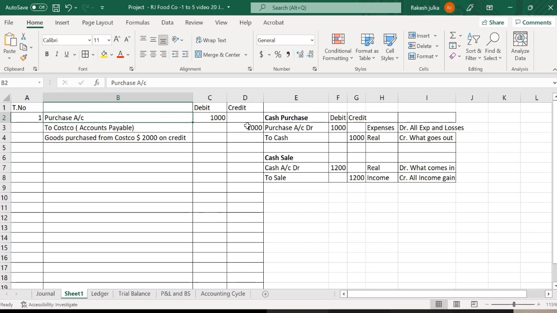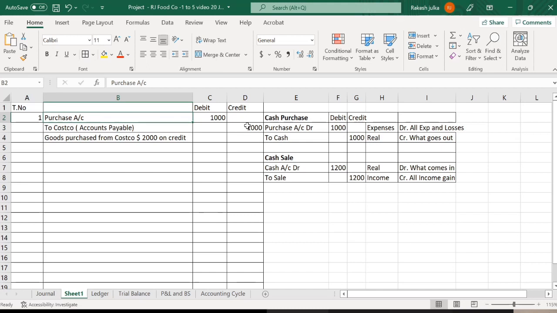On the other side, accounts payable is our liability. This has now become our responsibility. After some time, we need to pay this money to Costco. If this is a liability, it will come on the liability side under current liabilities. Very simple. This is all about the credit transaction.